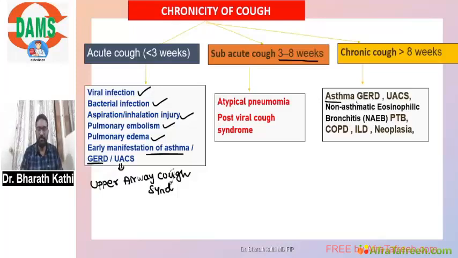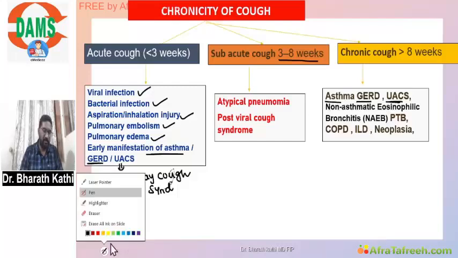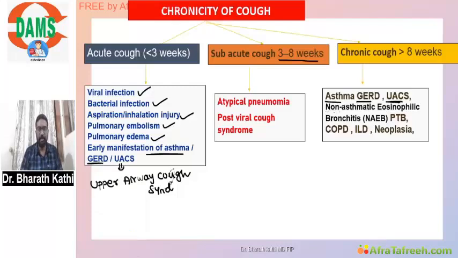Whereas chronic cough, if the patient is having cough for more than 2 months or 8 weeks, think of routine asthma, GERD, upper airway cough syndrome, and there is also a special entity called non-asthmatic eosinophilic bronchitis.